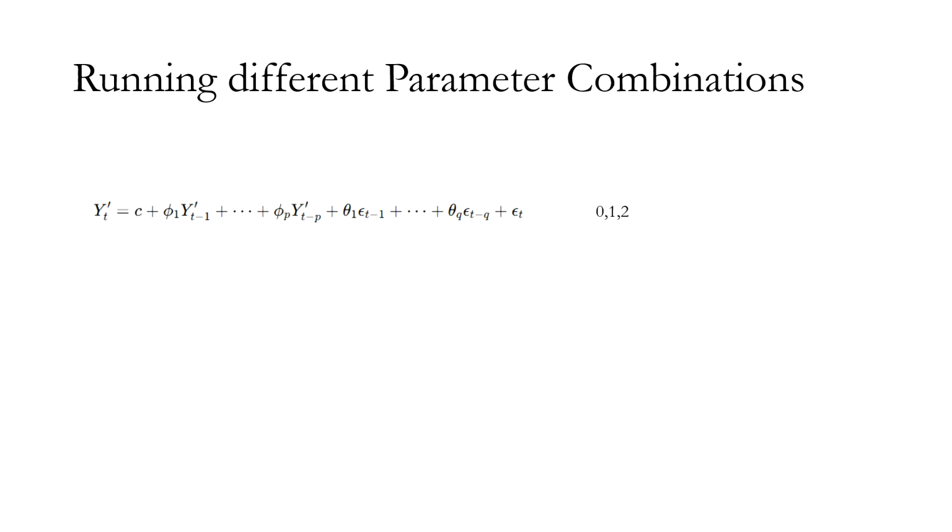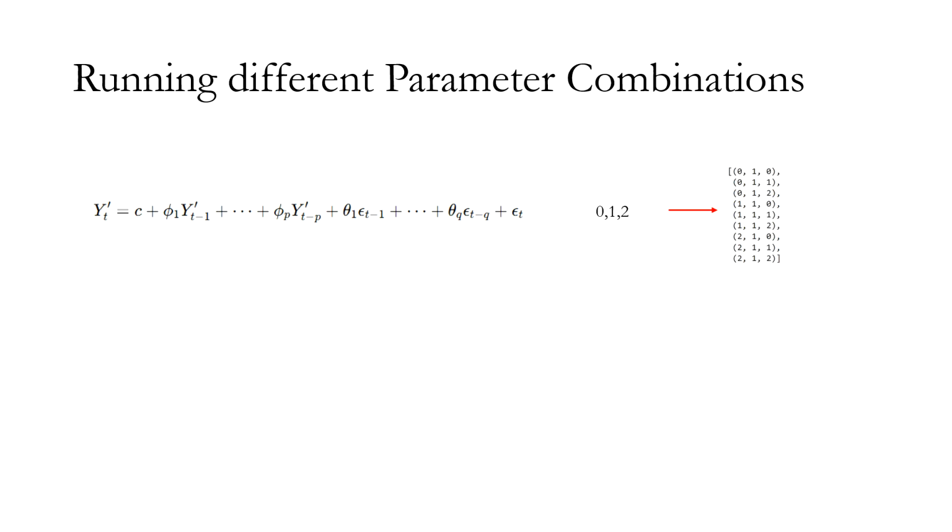We could difference it 0 times, we could difference it once, or we could difference it twice. Same thing with P. We could have a 0, no autoregressive component, 1 autoregressive component, or 2. Same with MA. So that's the idea. Obviously, we could create more parameters and run multiple combinations, but for this example, let's keep it simple and just keep it at 0, 1, 2.